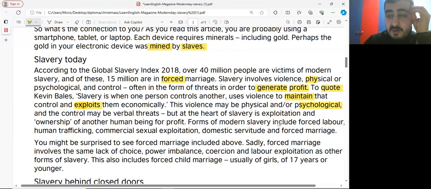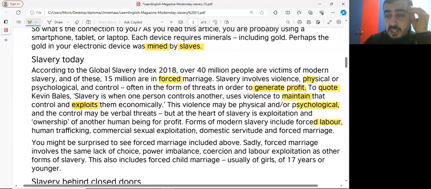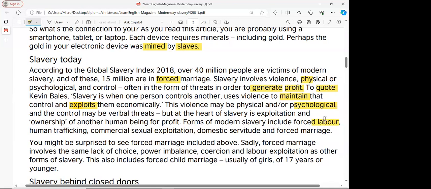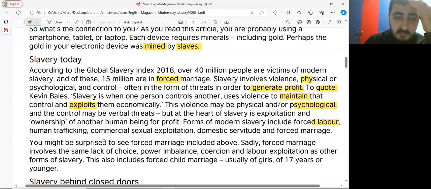Forms of modern slavery include forced labor. Forced حكينا مجبور. Labor إيش هي؟ Labor عمالة. Human trafficking, commercial sexual exploitation. Exploitation قلنا هو الاستغلال. الفعل exploit الاسم منها exploitation.